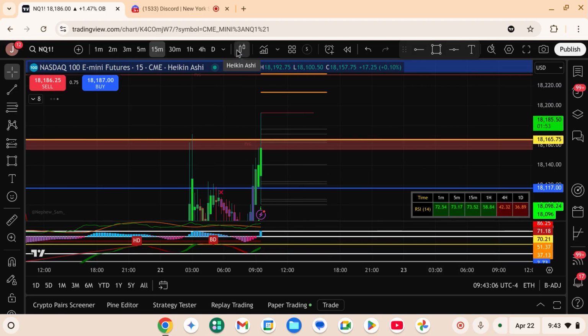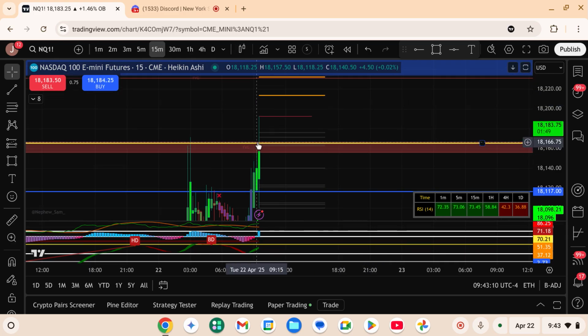If we can break out of here with a strong candle, not with these wicks, but one that looks like that with a flat bottom, then we could long from there.